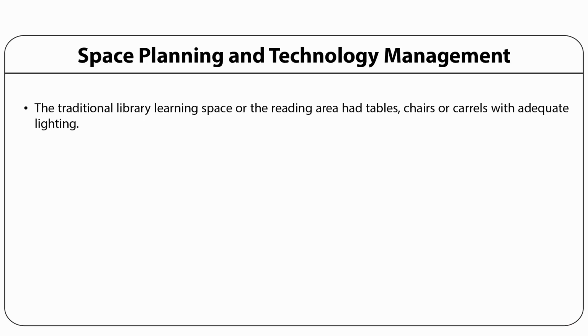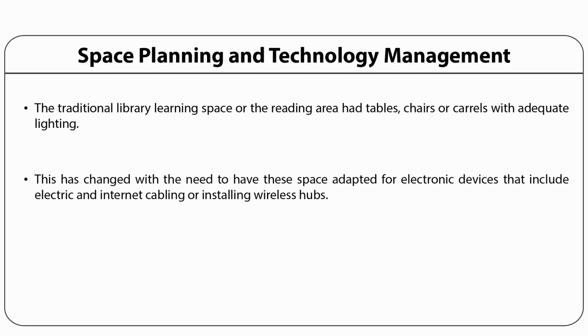The traditional library learning space or the reading area had tables, chairs, or carrels with adequate lighting. Now, this has changed with the need to have this space adapted for electronic devices that include electric and internet cabling or installing wireless hubs.